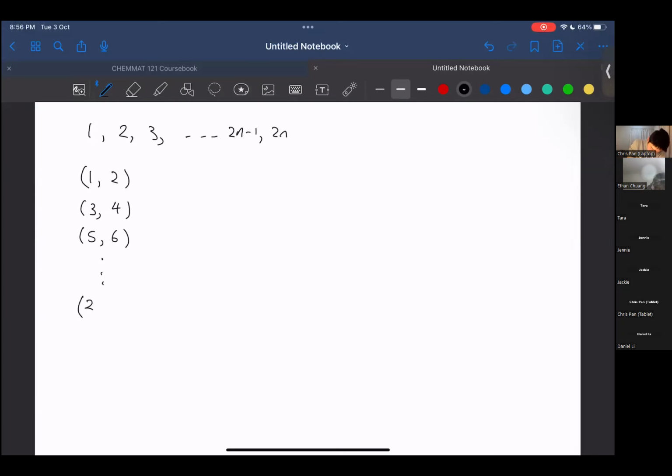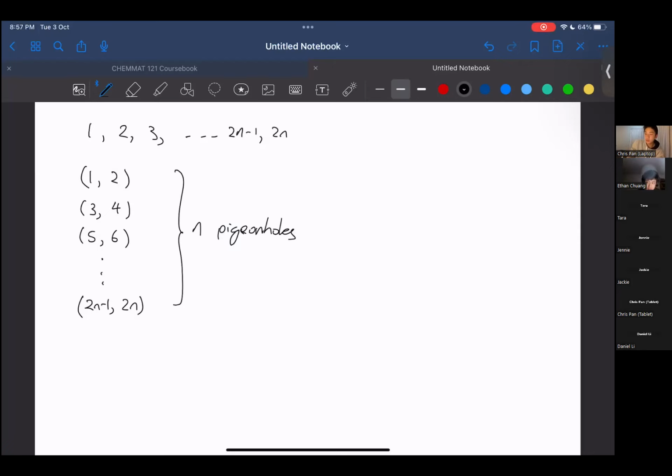So on until we get to 2n minus 1 and 2n. Since 2n is an even number, we get a whole number of pigeonholes. So here are n pigeonholes.